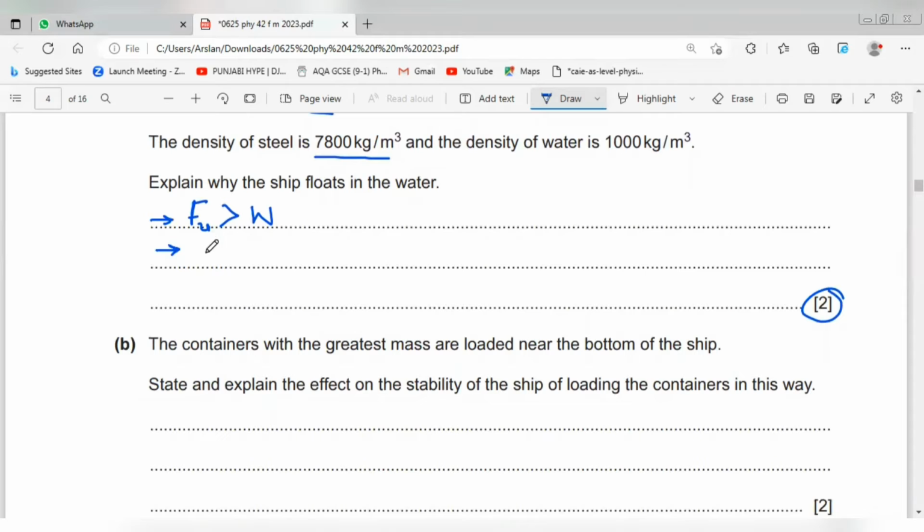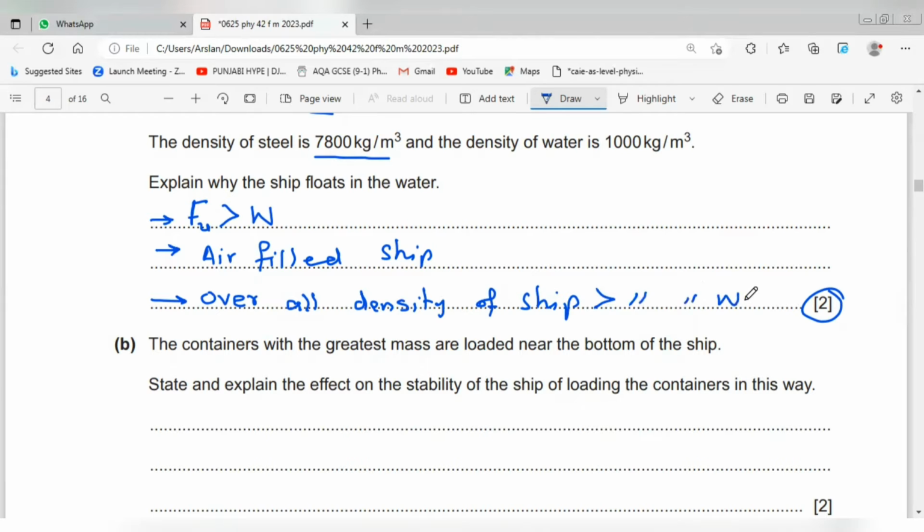So you can write air-filled ship. And you can write a third point: overall density of the ship would be less than the overall density of water. So you can use 2 points.